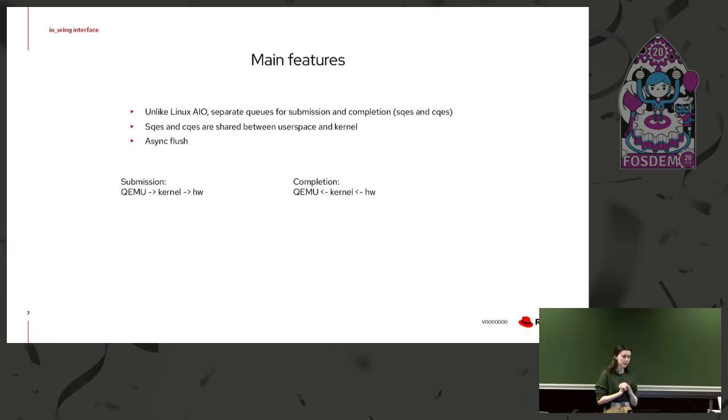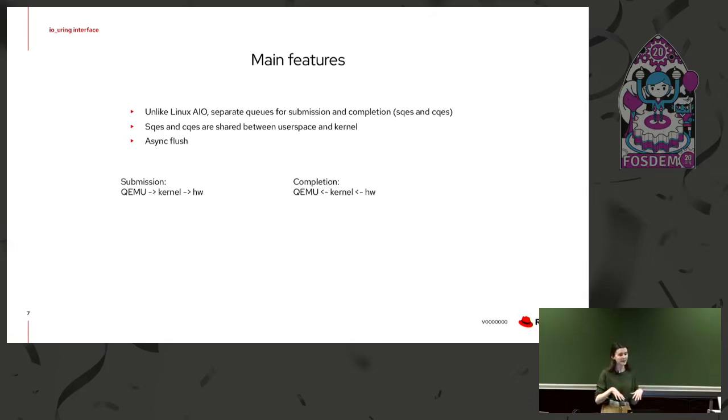What's inside a ring? If you remember, in Linux I/O, we have events, and we submit them into a single queue, and now we have two separate queues for submission and completion. And the memory is shared between user space and kernel, so you can use it directly. You don't need to enter the kernel for that. And you can use asynchronous flush, which is not available in Linux I/O.